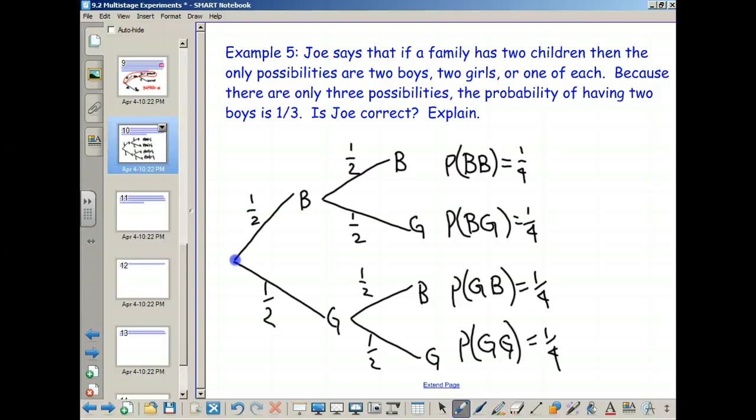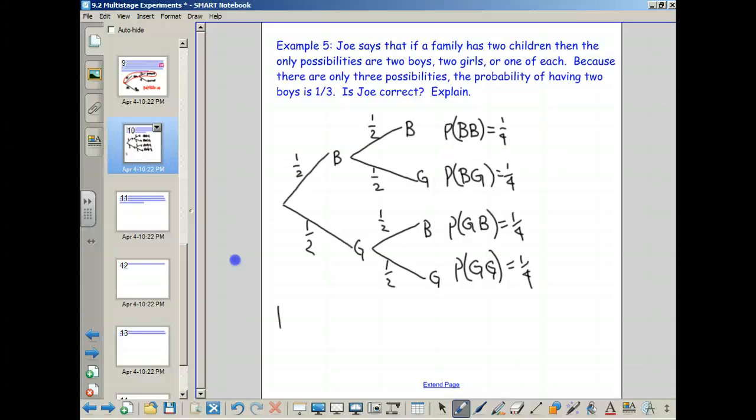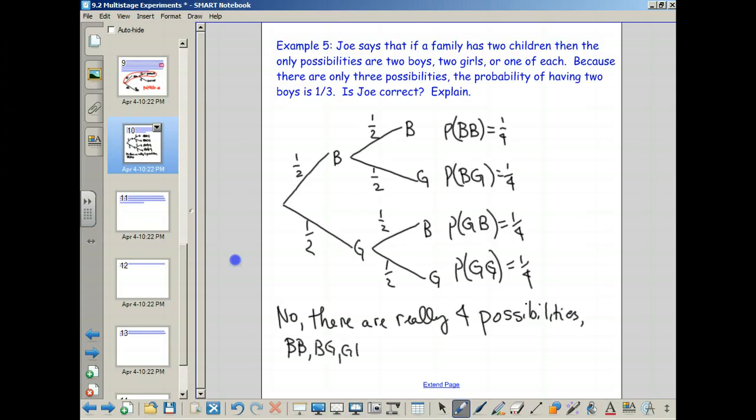All right, so here's my diagram, and the question is, is Joe correct? And the answer is no. Why not? Okay. So there are really 4 possibilities. And we can say what they are, right? Boy boy, boy girl, girl boy, girl girl.